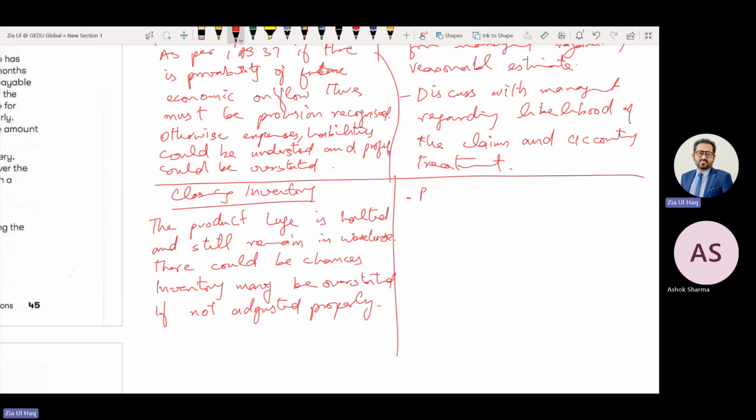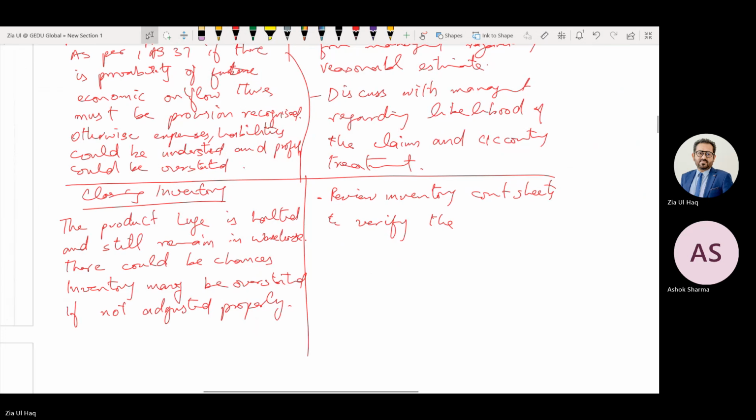So review inventory count sheets to verify the inventory Luge units requiring adjustment.